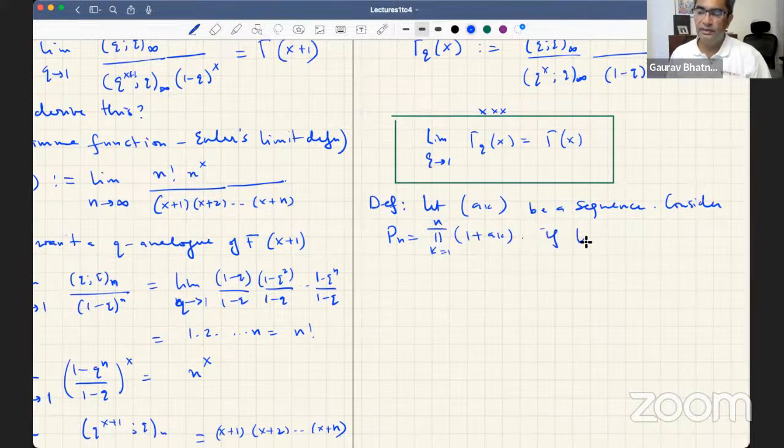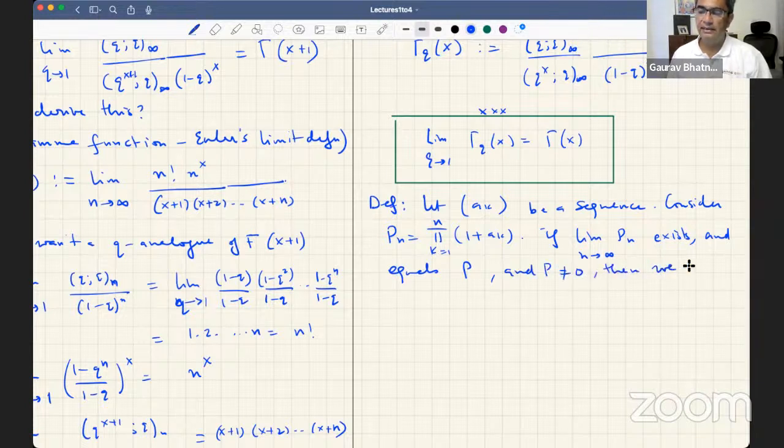If the limit as n goes to infinity of P_n exists, and say equals some number P, and P is not 0, then we say the product converges.